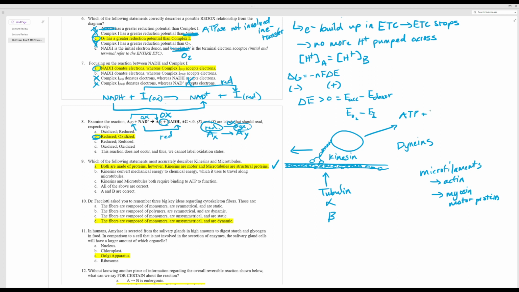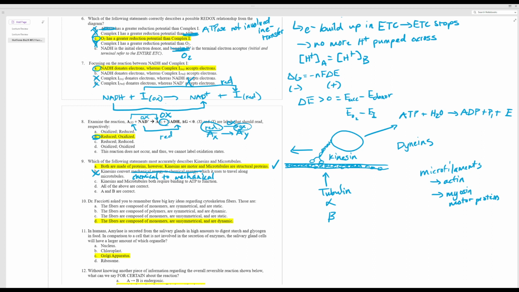plus H2O, giving ADP plus P sub I plus energy. And this energy can be used to move. Okay, so we're converting chemical energy, right? The energy inside of ATP to mechanical.